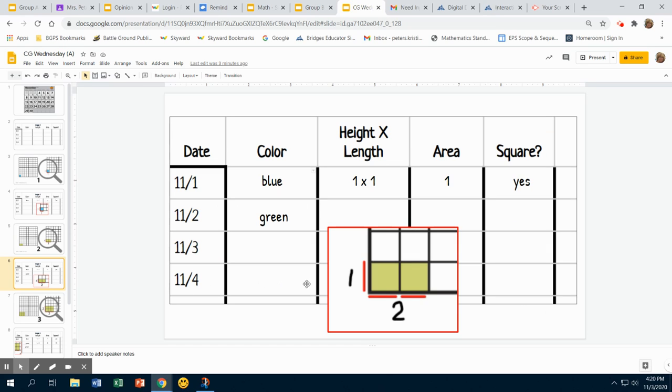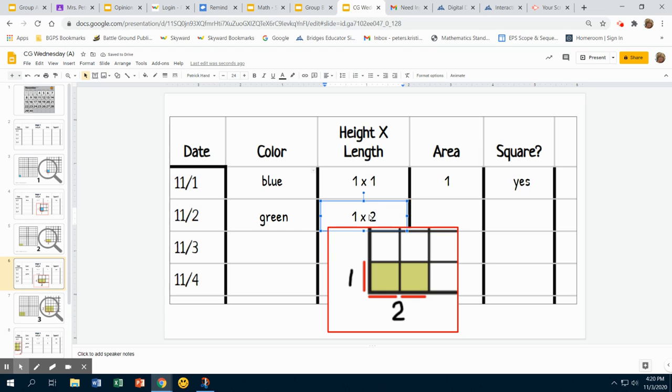I already put in that it is green. Remember, the height first. The height was 1 unit, a multiplication sign, and the length was 2 units. It was 1 high and 2 going across. We could count those units. We could also know that 1 row of 2 is 2. So the area of that figure is 2.